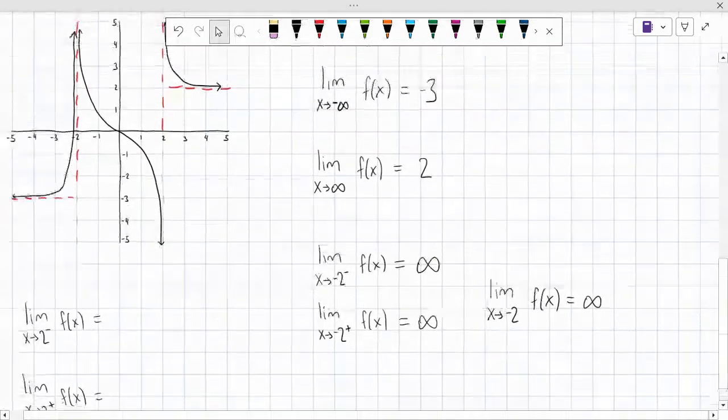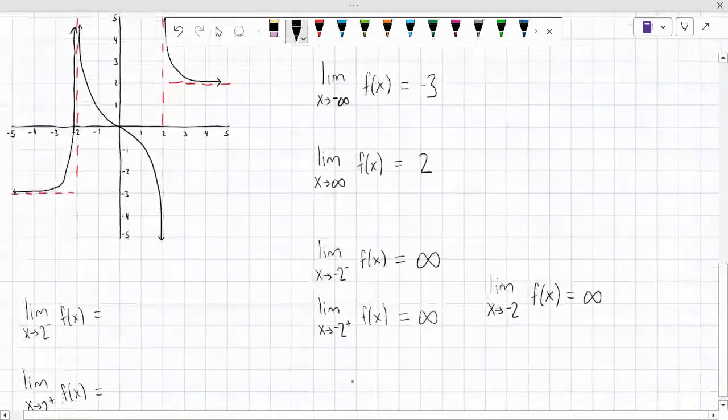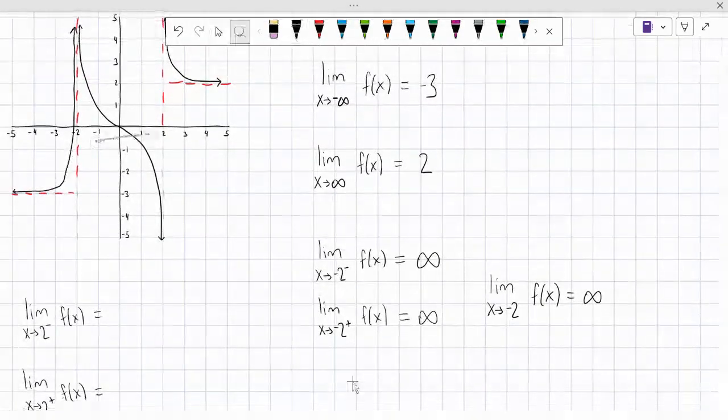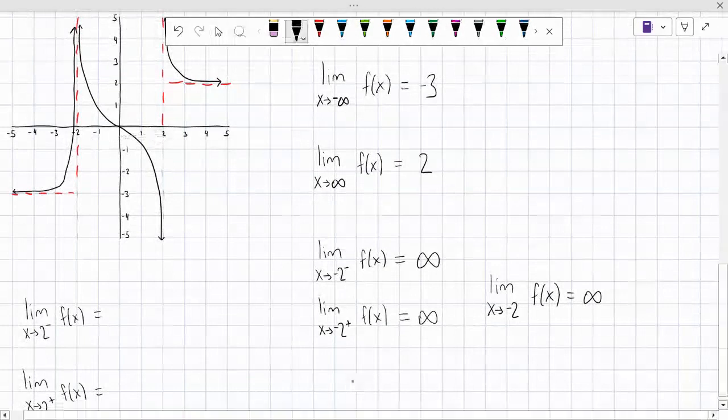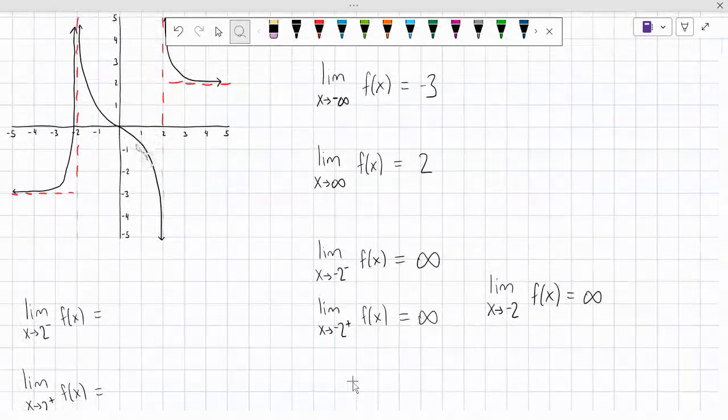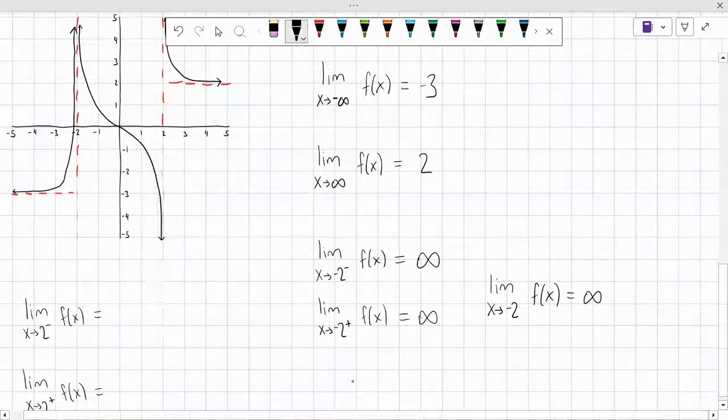In this case, as x gets closer to 2 from the left, the function is not going up, but it's actually shooting straight down instead. So here the y value is approaching negative infinity.